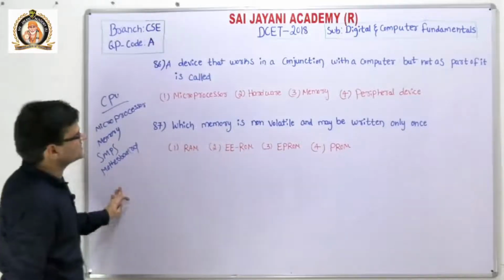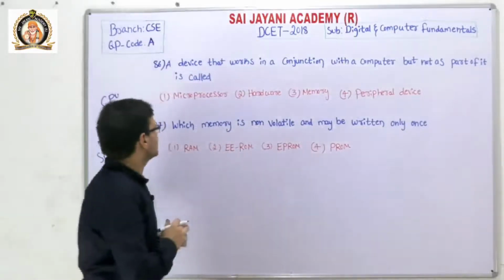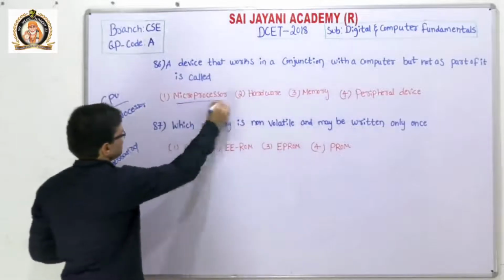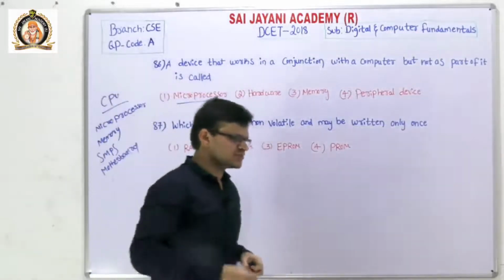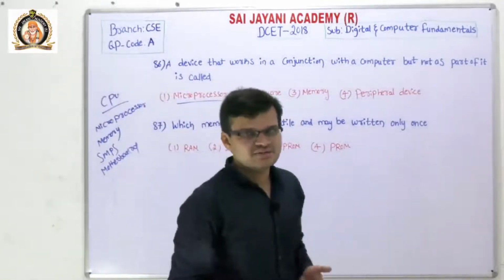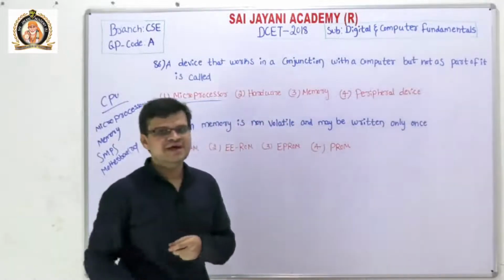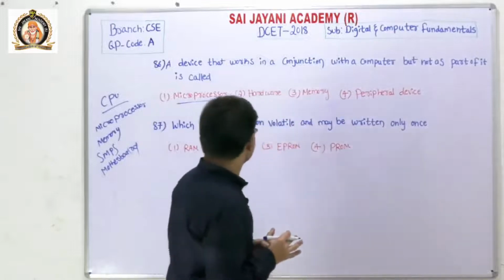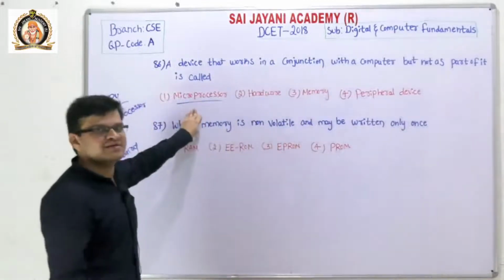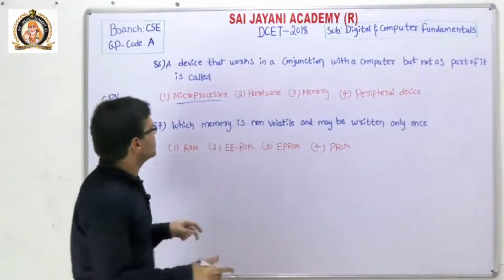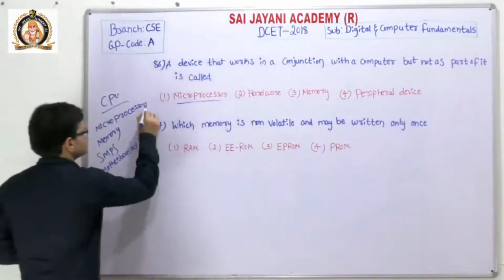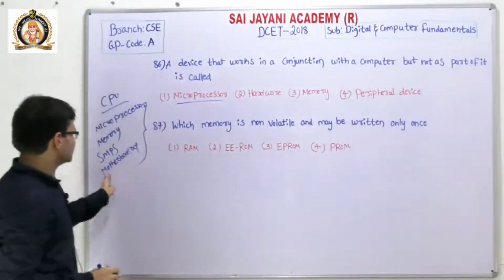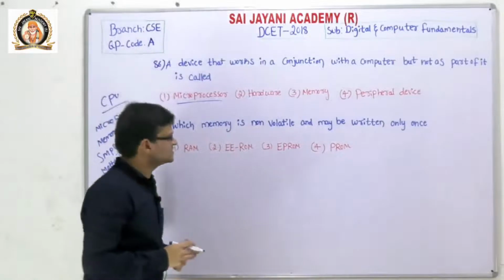A microprocessor is nothing but a processor which processes the data, which takes the input, processes the data, executes the instruction, and displays the corresponding output. And these, microprocessor, memory, SMPS, and motherboard, are all hardware devices.